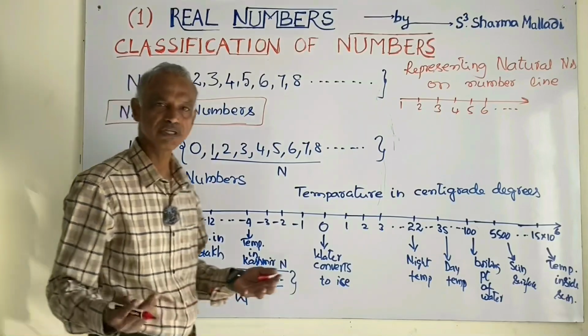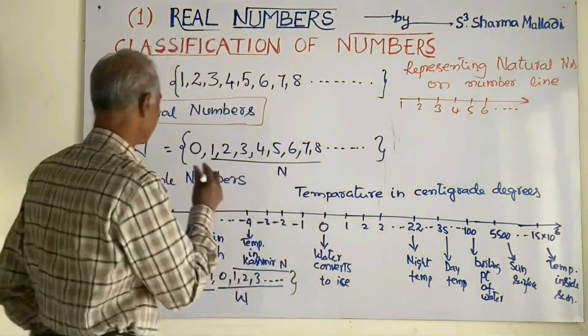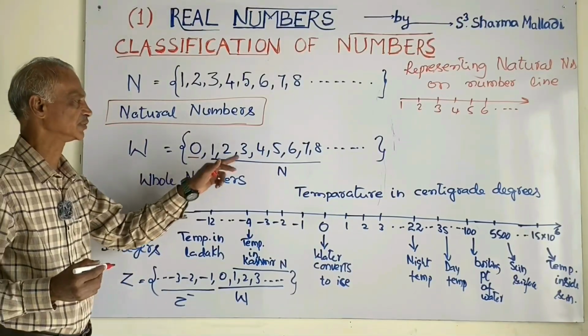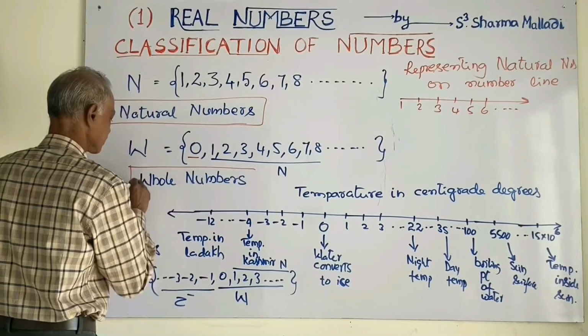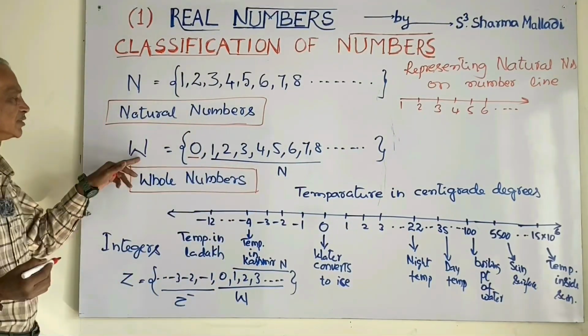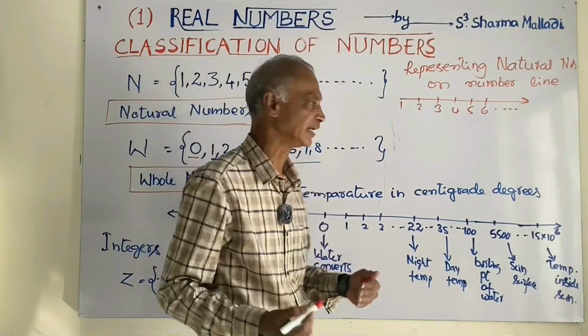Next, how many books do I have? I have no books. It is represented by 0. So 0, 1, 2, 3, 4 are called whole numbers, and whole numbers are represented by W. How can you represent whole numbers on a number line?